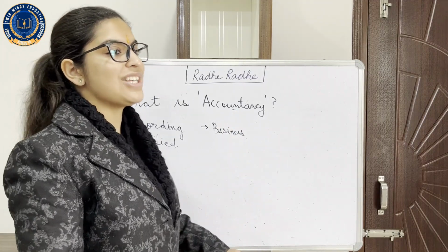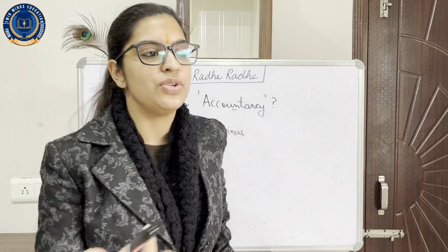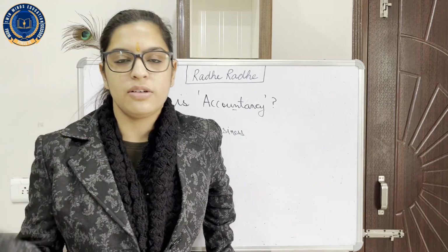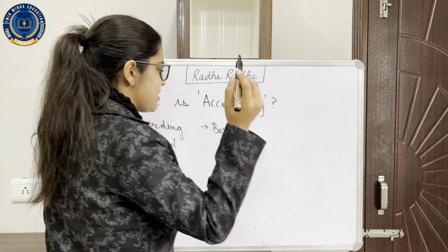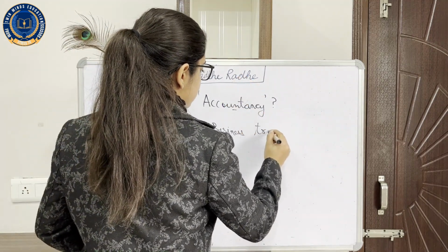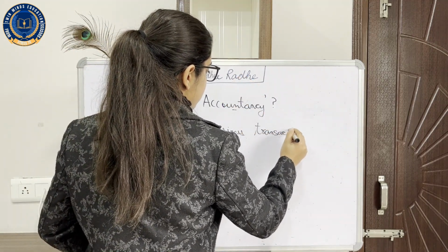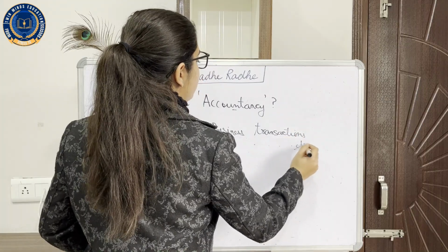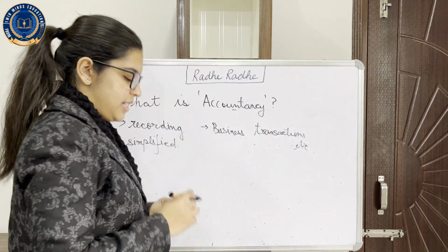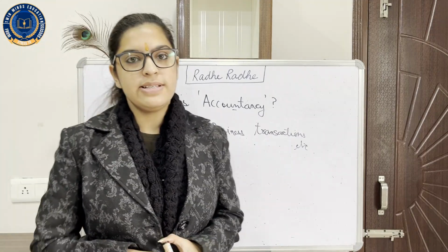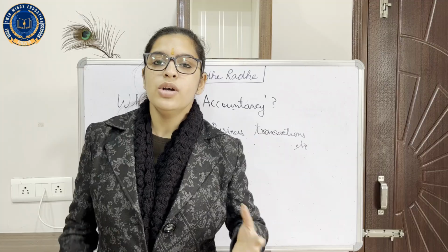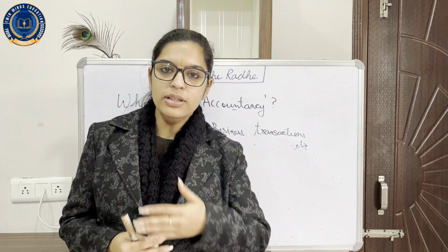We are talking about exchange of money, maybe sale or purchase, sale return, purchase return, debtors, creditors. We have a lot of things, right? Business transactions, etc. You have n number of definitions, but obviously we cannot go through all the definitions in just one video. So we will be doing it with the flow.